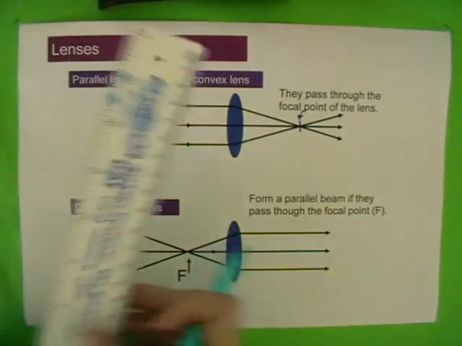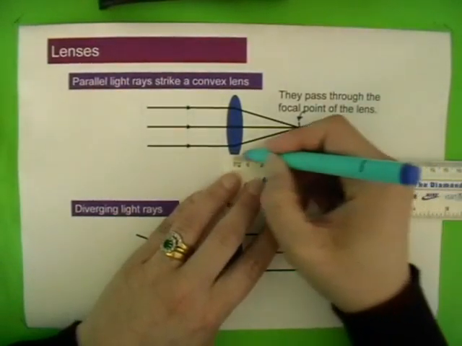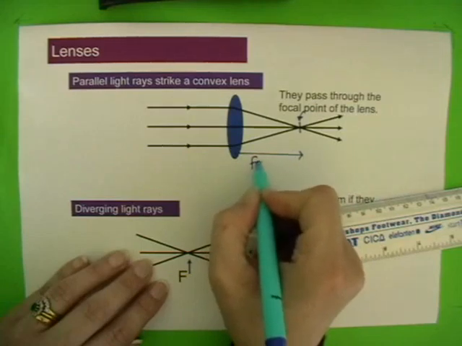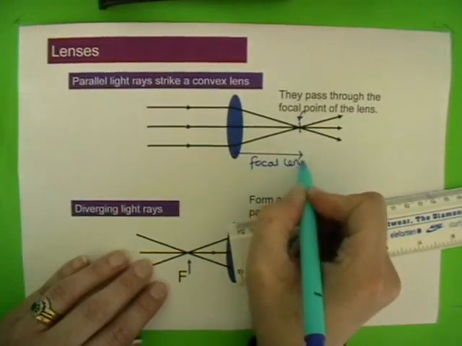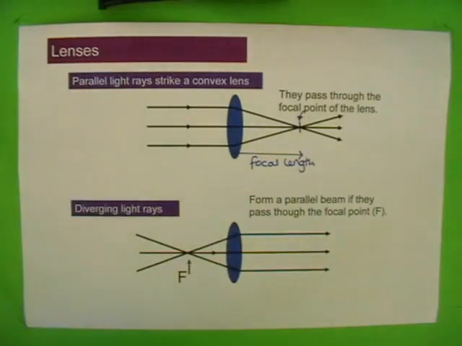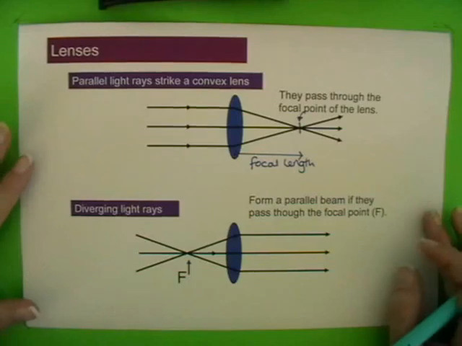If we were to measure from the centre of the lens to the focal point, this is the focal length of the lens. And each lens has a particular focal length, and they are manufactured to have different focal lengths.